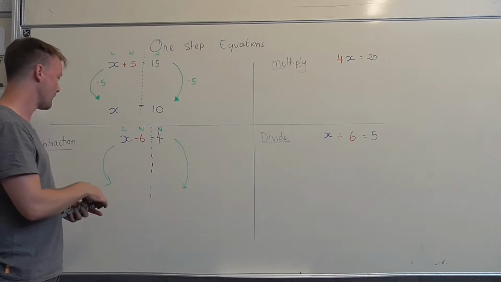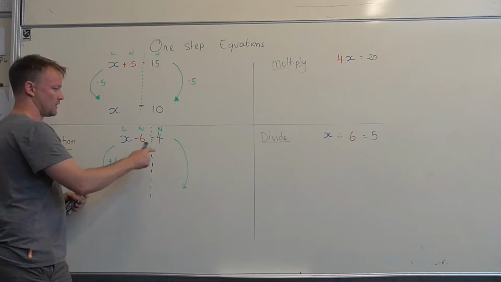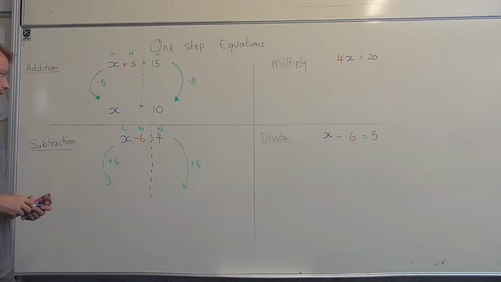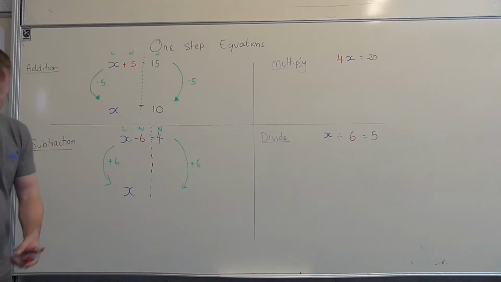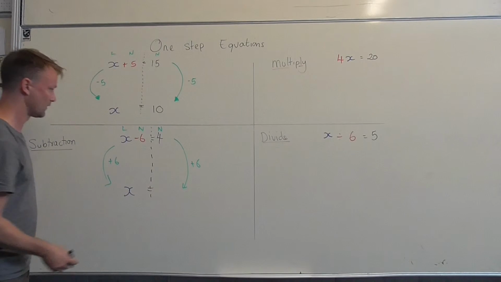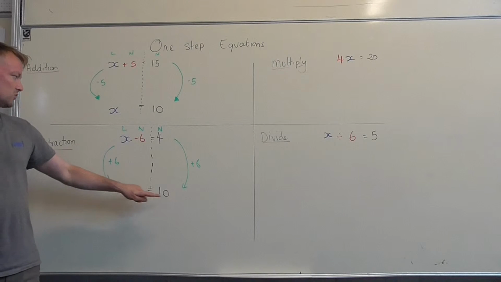The opposite to minus 6 is plus 6. And on this side, I've got to do the same. So I'm going to add 6 to that side. Now I've got x equals 4 add 6, 10. So x equals 10.